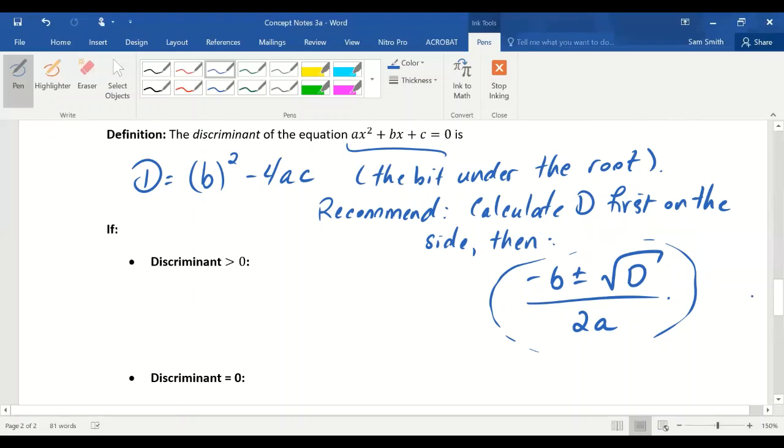So, if the discriminant is a positive number, and the plus square root and the negative square root of that number are different, then you have 2 different solutions to the equation.